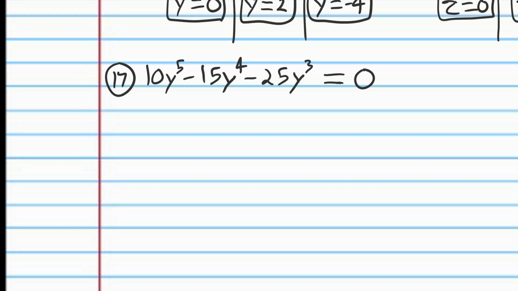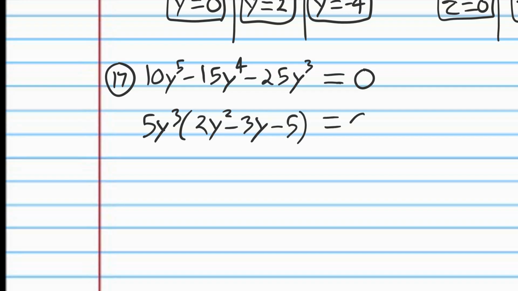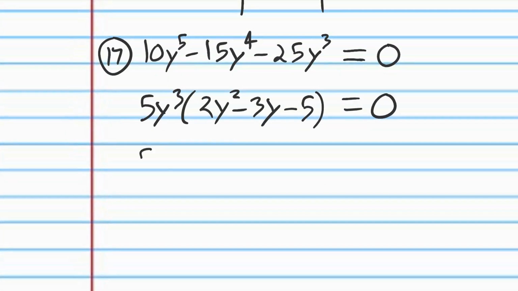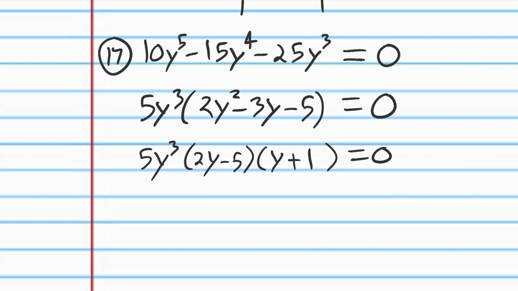All right, we're back. So we're going to factor out 5y cubed. I'm going to see if that factorization works. We have to use the O and the I of FOIL.